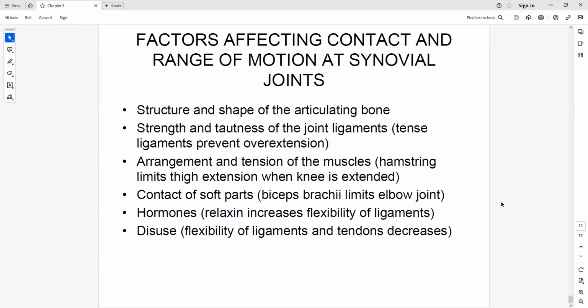And the last slide here is describing factors that affect a range of motion in synovial joints. Now, it's important to state here that when we talk about maintenance of homeostasis, the range of motion of bones also have their homeostatic value. Our forearm is supposed to move at a particular angle when we flex the forearm.